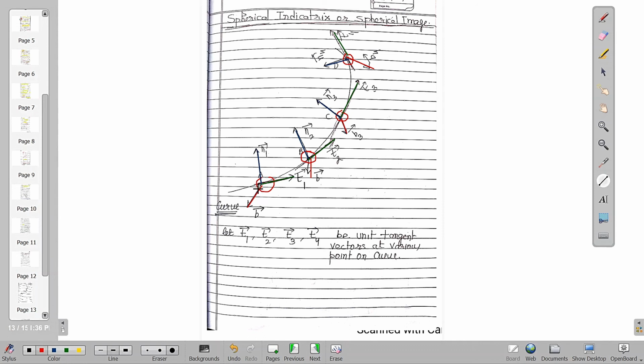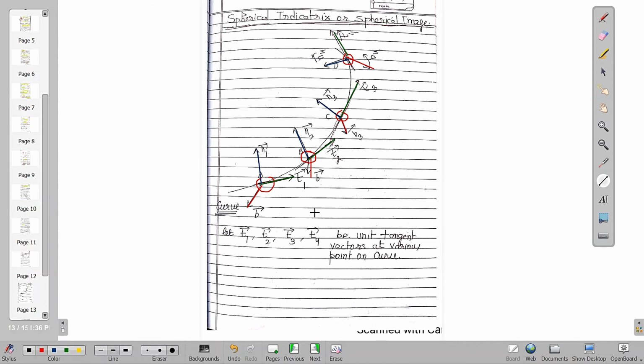Now we find the locus of the unit tangent. So remember, we find the locus of the unit tangent. It means it is a unit tangent vector, a tangent vector with length one.